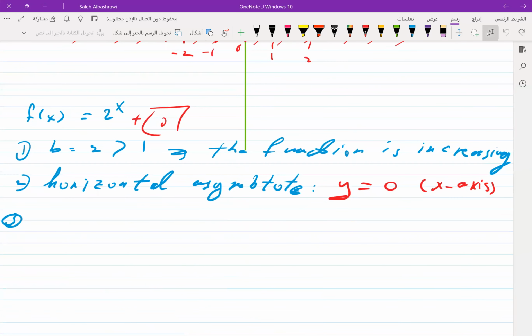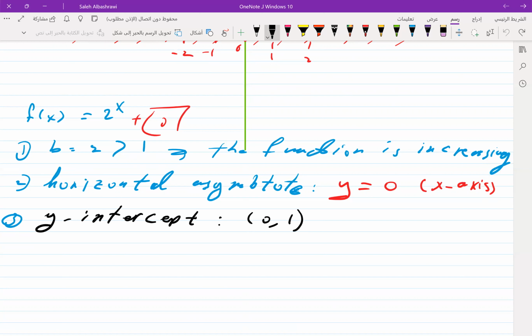So the y-intercept is at y equal to 1. Or we can say the point 0 and 1 will be the y-intercept for the graph.